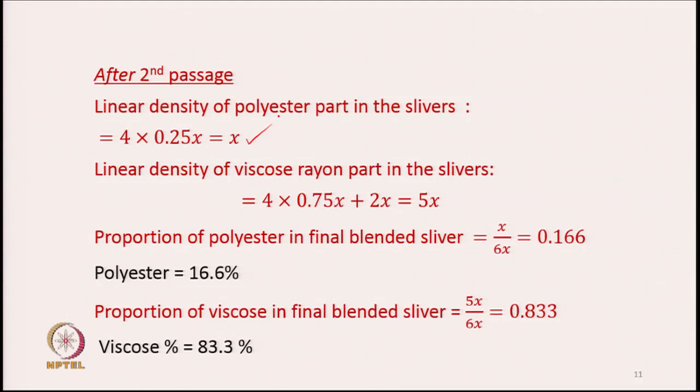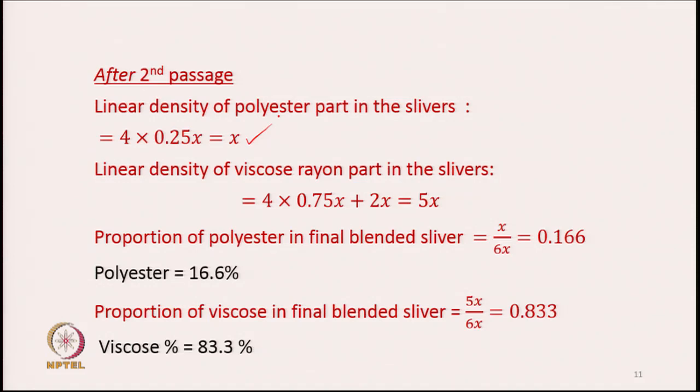So, what is the linear density of the viscose rayon part? We are feeding 4 slivers, each containing 0.75 proportion of viscose rayon. So, it is going to be 4 into 0.75x plus 2 new slivers of 100% viscose rayon being fed.